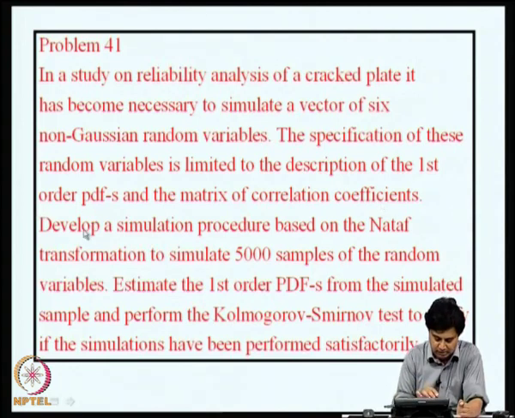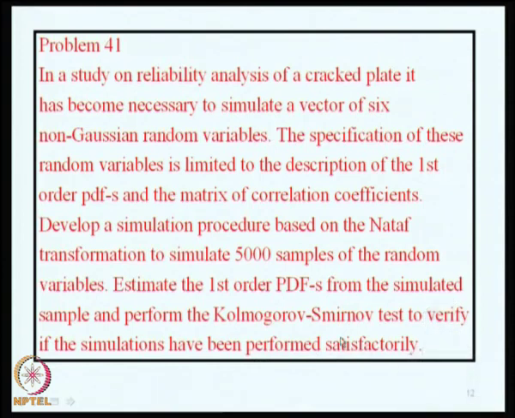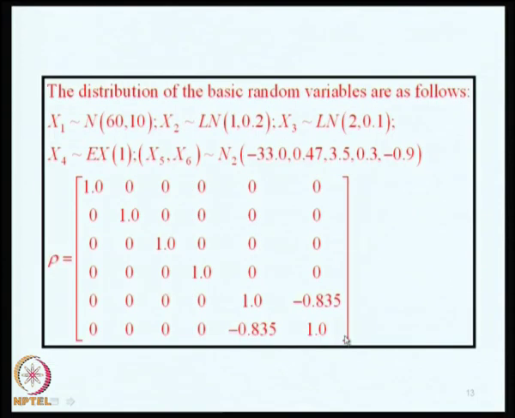Now, the problem is to develop a simulation procedure based on the Nataf transformation to simulate 5000 samples of the random variables. Estimate the first order probability distribution function from the simulated sample and perform the Kolmogorov-Smirnov test to verify if the simulations have been performed satisfactorily. So, this is the problem.